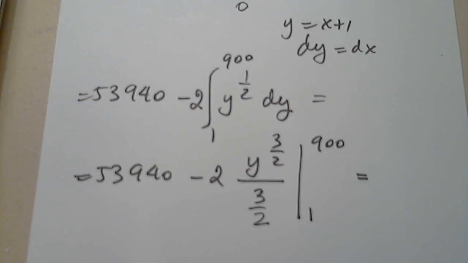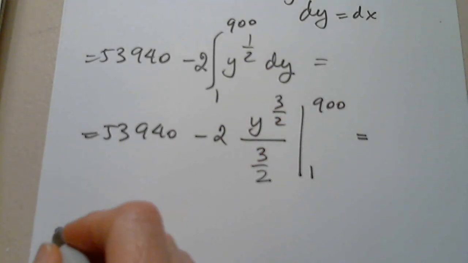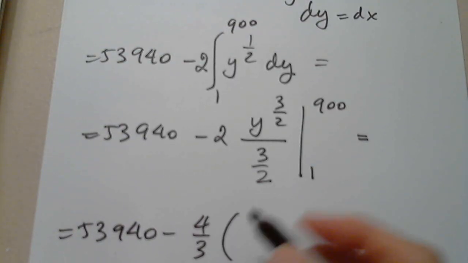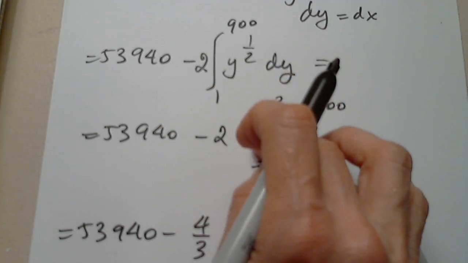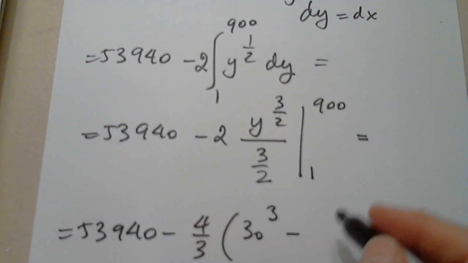Any questions? Okay, so now I have to flip 2/3. So I have 53,940 minus 4/3. When I plug in 900, the square root of 900 is 30, but 30 to the 3rd power, minus 1 to the 3rd power.